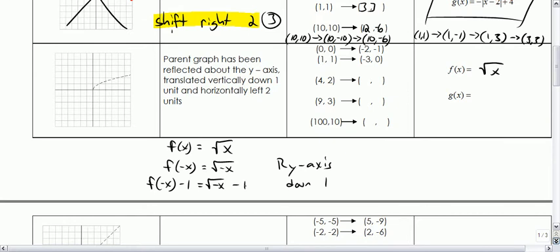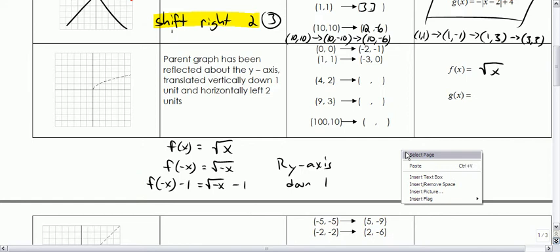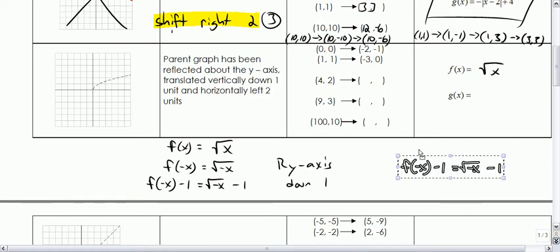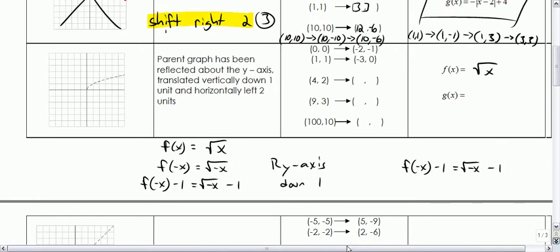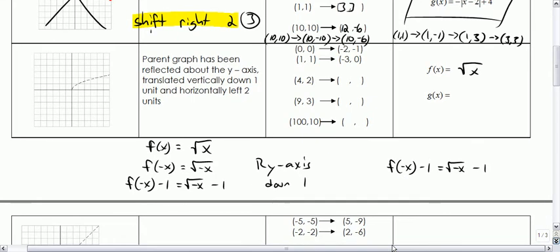And then left 2 would have me examine where I'm at and replace every instance of x with x plus 2. Parentheses are going to play a role here. Look at x: there's a negative that comes before it.